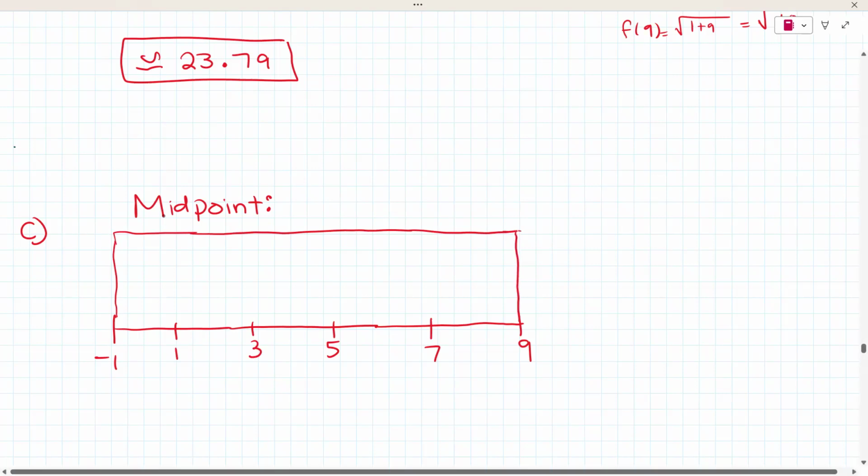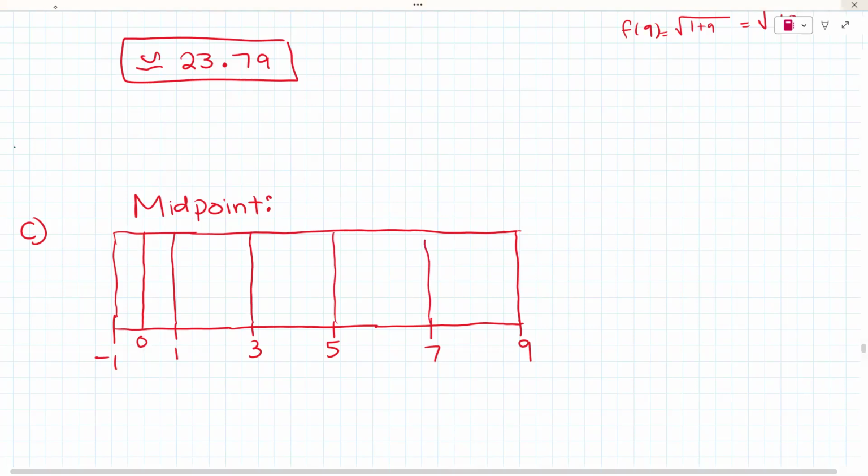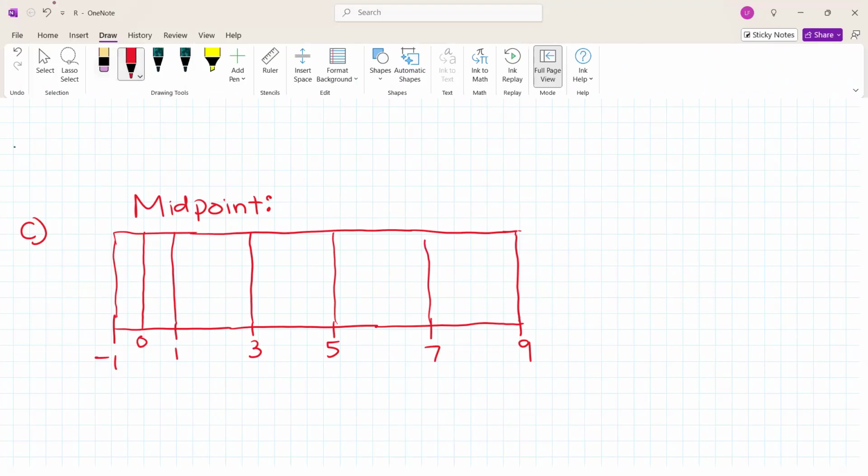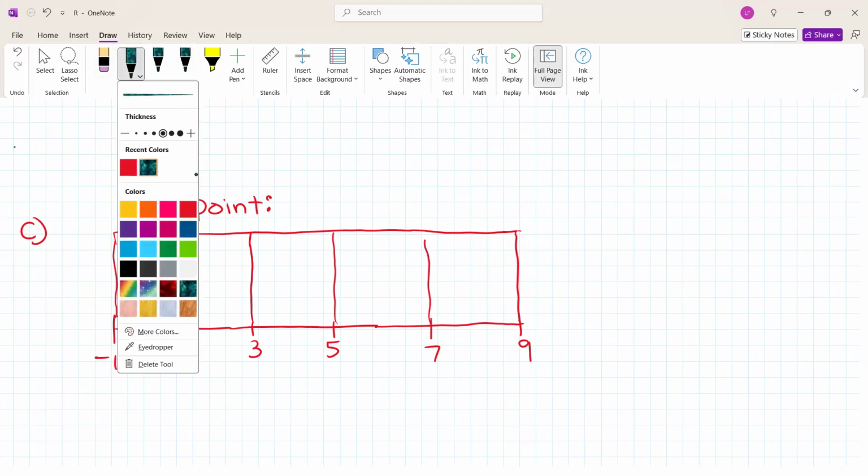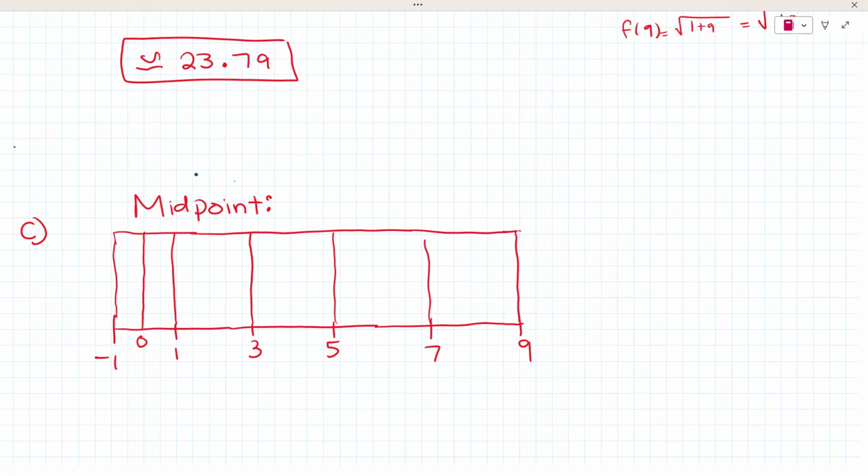Okay. So what's the halfway point from -1 to 1? It would be 0. And then, wait, let me draw my rectangle. So here's 3, here's 5, here's 7, etc. Let me use different colors so you don't get confused. Okay, so what I'm doing is finding the midpoint.